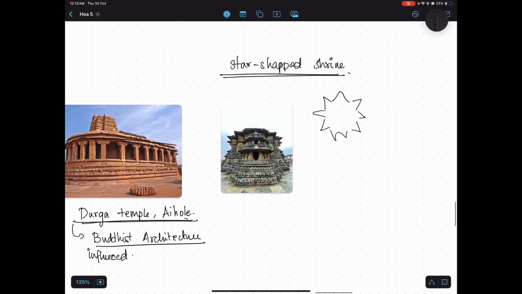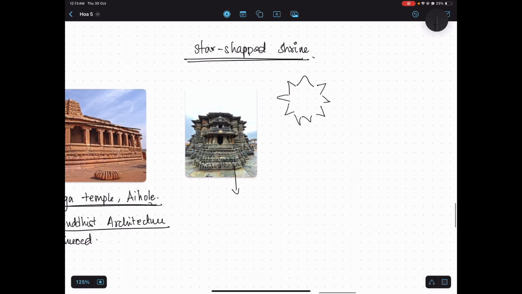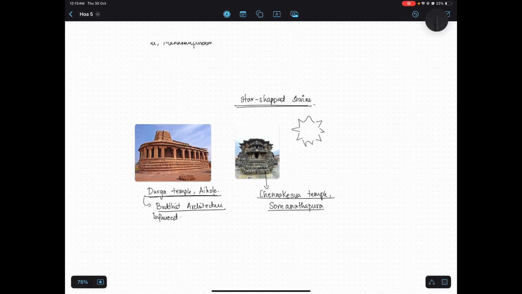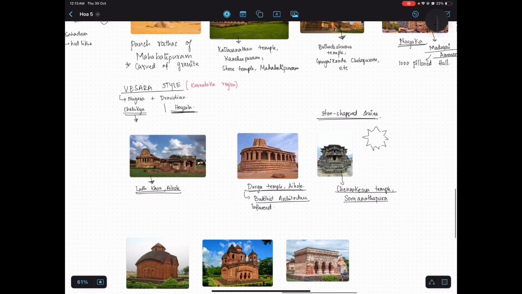This is an example. It's called the Chennakeshwara temple, Chennakeshwara temple at Somnathpur. So these are Vesara style.